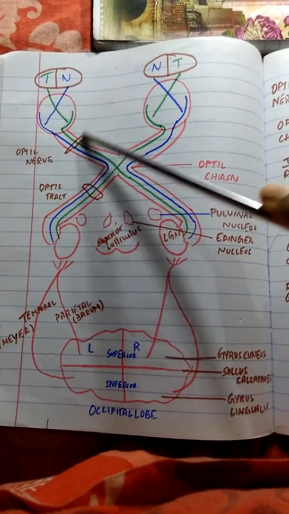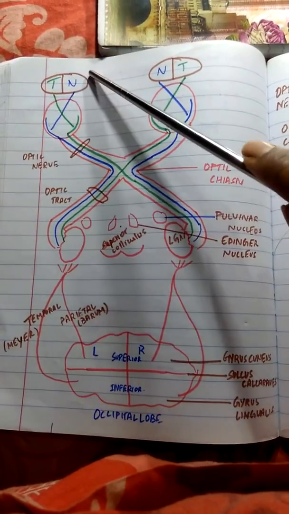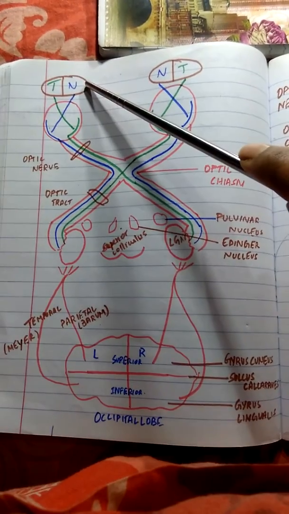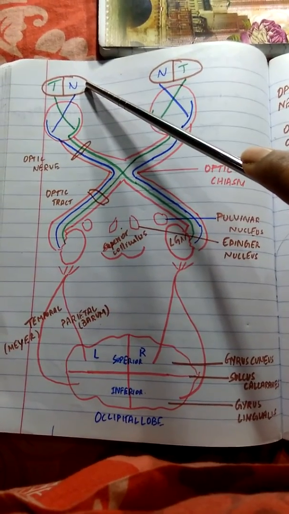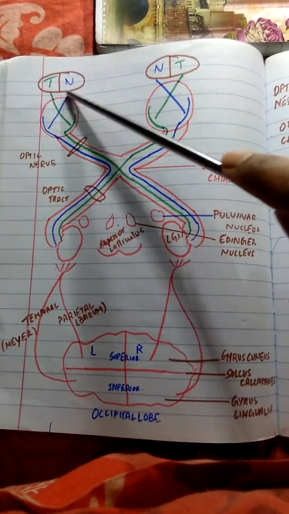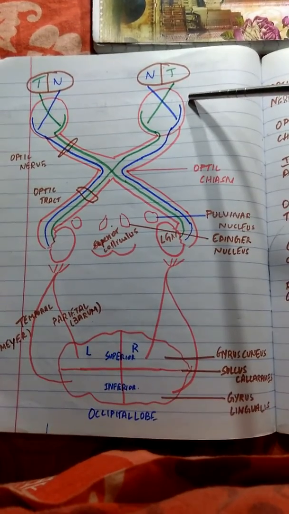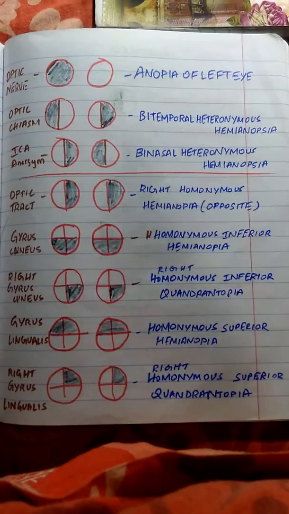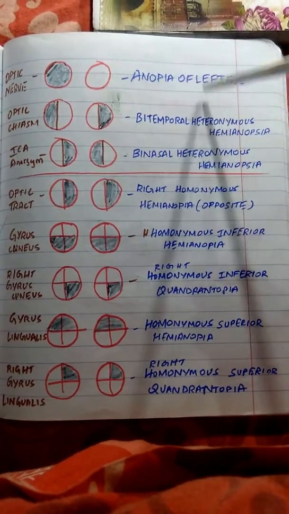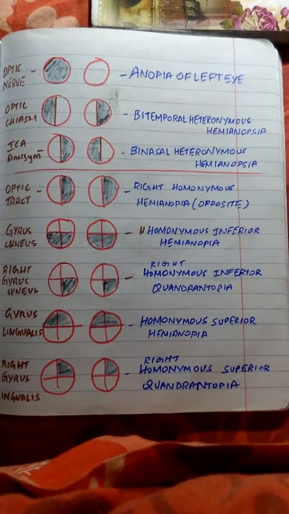So when the damage occurs here, both these fibers are damaged and we cannot see both the temporal and the nasal field. Blindness occurs in one eye, but the other eye is not affected. That is the anopia of one eye. If it occurs on the left side, we call it left eye, and if it occurs on the right eye, then we call it anopia of the right eye.